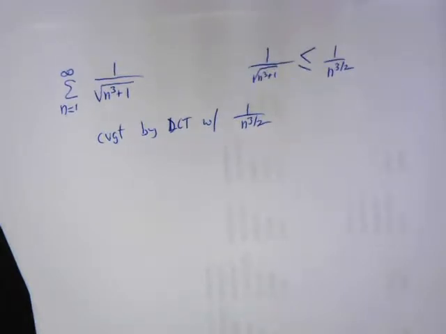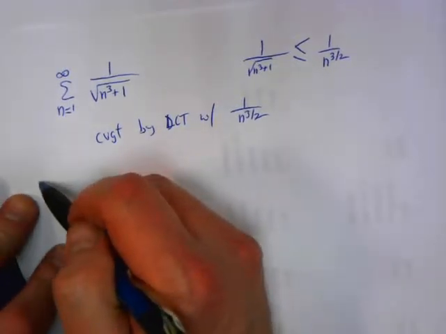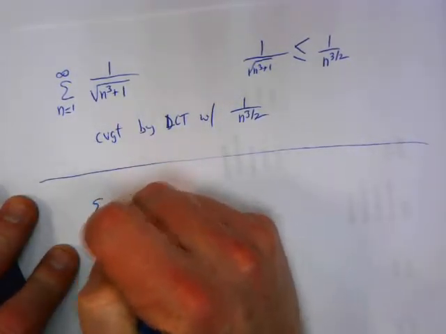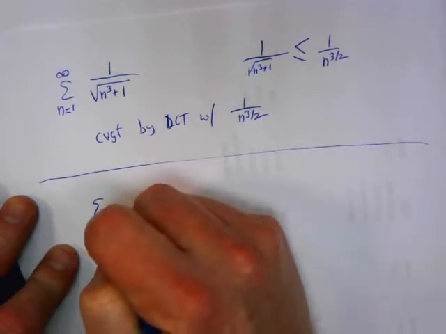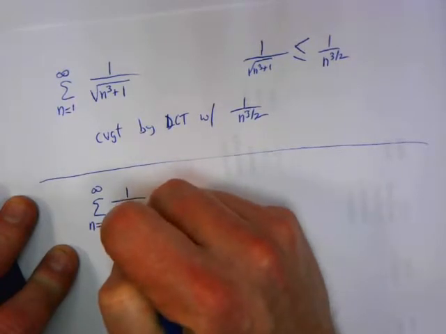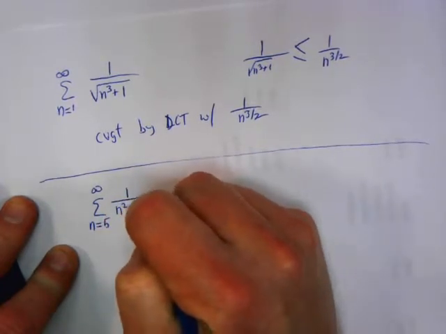Okay, well the problem is the direct comparison test doesn't always work. How about if I were to give you the sum from n equals 5 to infinity of 1 over n squared minus 2?